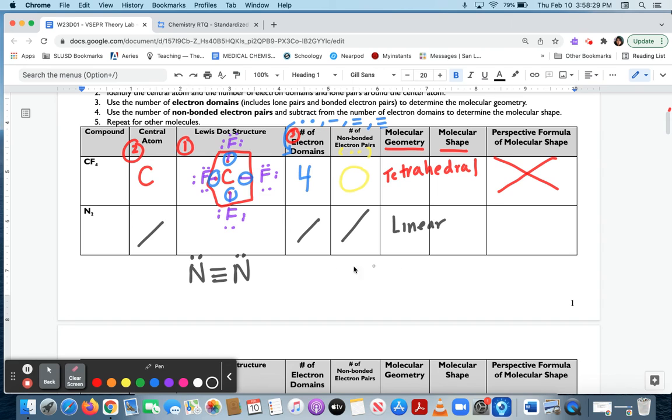Think of it this way: as long as I have 2 atoms, no matter how many bonds that they have, whether it be 1, 2, or 3, there's really only one shape I can make with them, and that's essentially a straight line. So that would be linear.